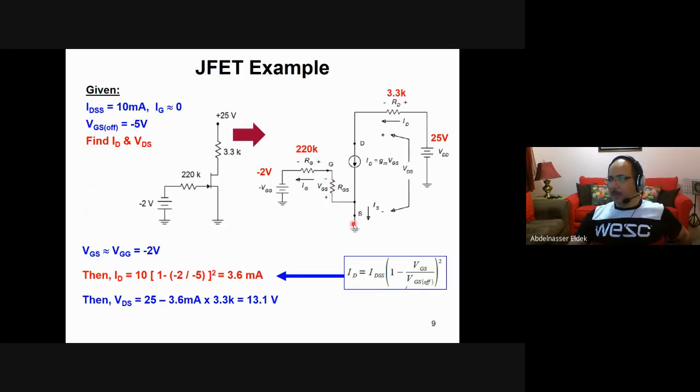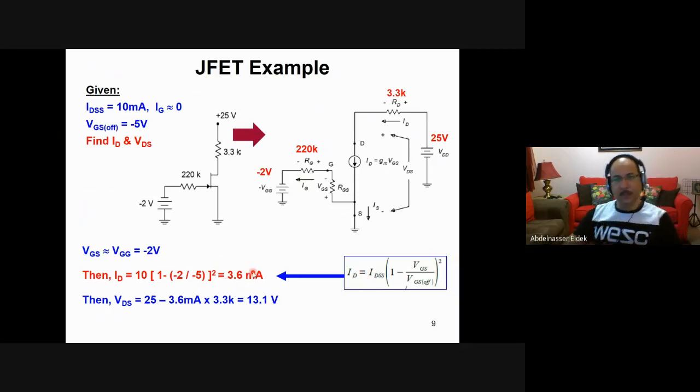The source is connected to the ground, so the voltage between the ground and the source is the same as between G and the ground, which is negative 2 volt. So VGS is negative 2 volt. VGS off is negative 5, given here. That's it. So now we can find ID.